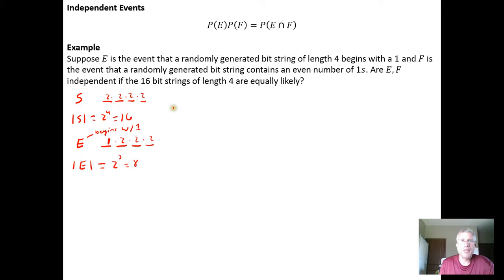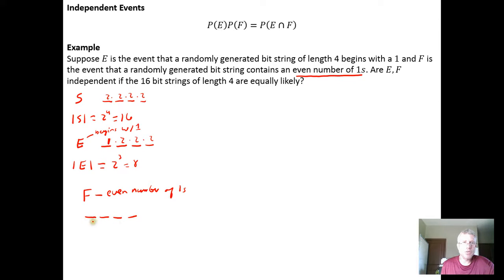F, on the other hand, what does F look like? F is the event that a randomly generated bit string contains an even number of ones. So if we have a bit string of length 4 and we need an even number of ones, then we either need 2 ones or we need all 4 to be ones.